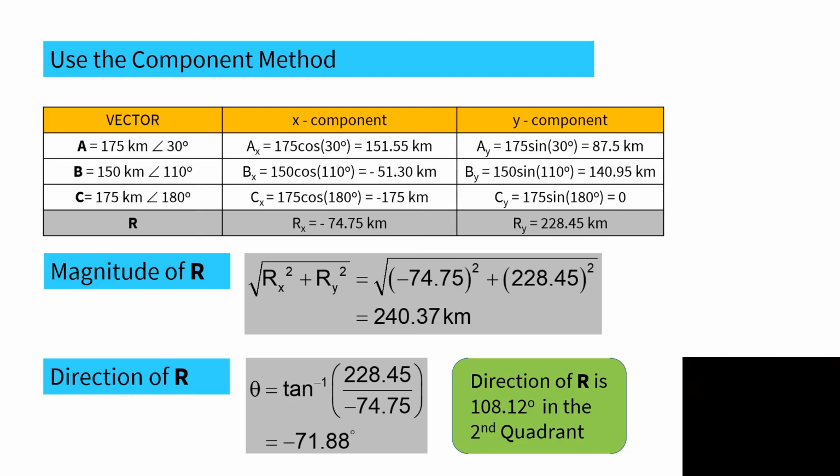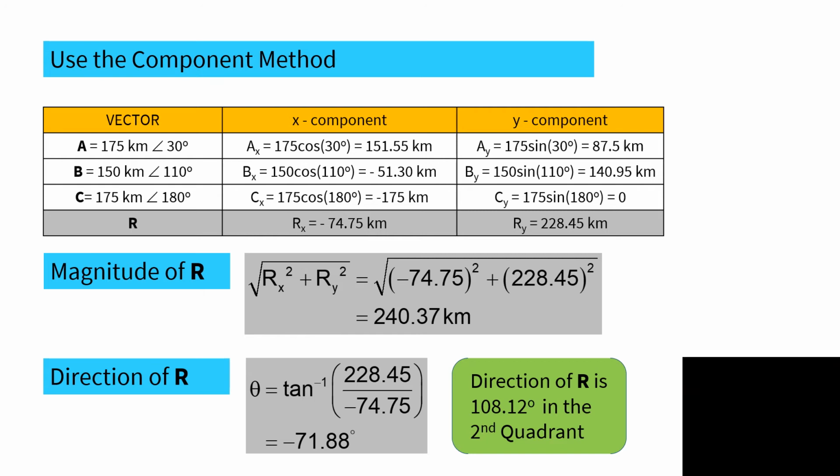Now, let us resolve these three vectors into their x and y components. As shown in the table there, for vector A, we resolve it using the equation 175 cos 30 degrees.